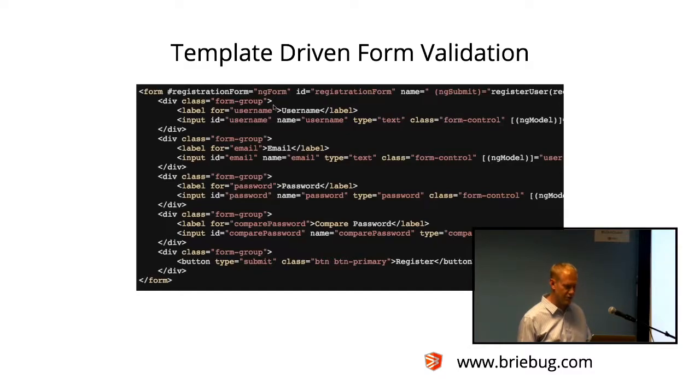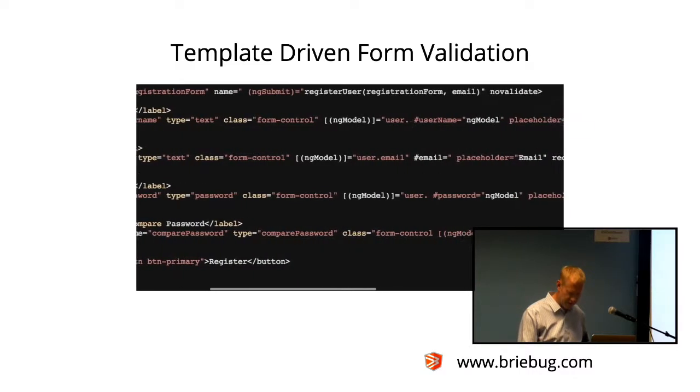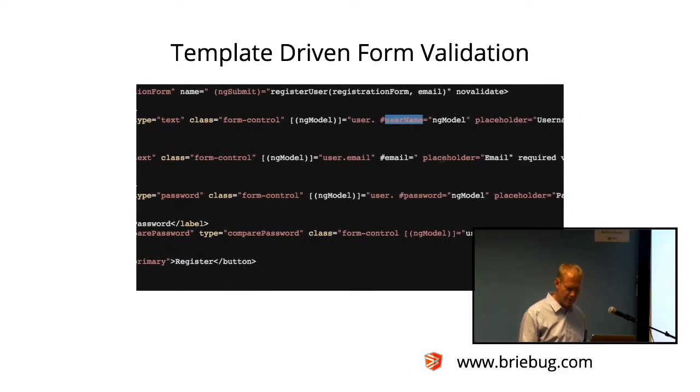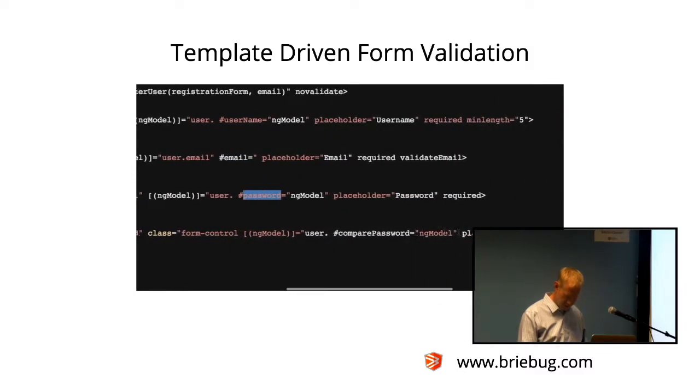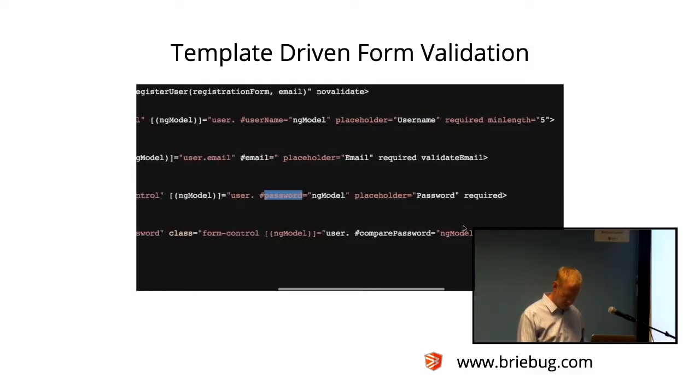So with that now, I can actually reference, and this is kind of abbreviated code because I've got some other pieces in here that are using those variables, and we'll look at that when we actually switch over to WebStorm. However, now I have a reference to the registration form. If I look over here, I've got pound username, I've got pound email, pound password, and where's the other one at here?